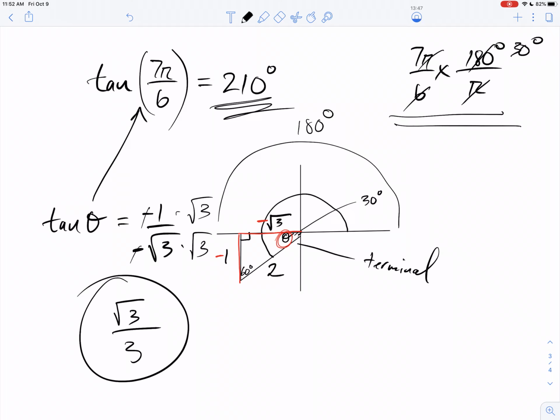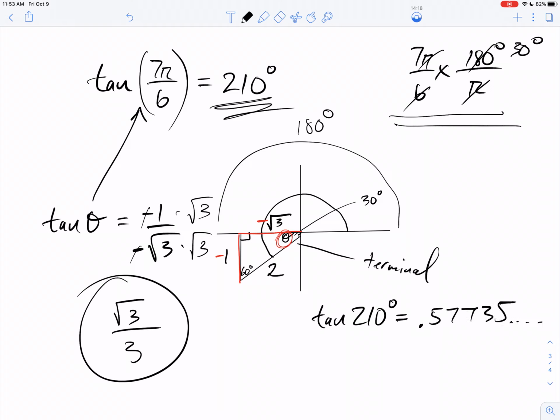And it's positive. Now, just for kicks, if your calculator is in degree mode, and most people think in degrees, so I'm no different. I have my calculator currently set in degree mode. If I punch in the tangent of 210 degrees, I will get this decimal, 0.57735.